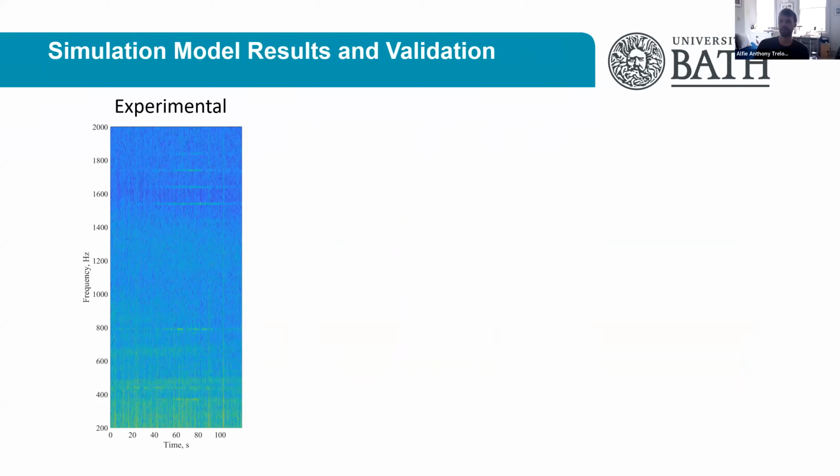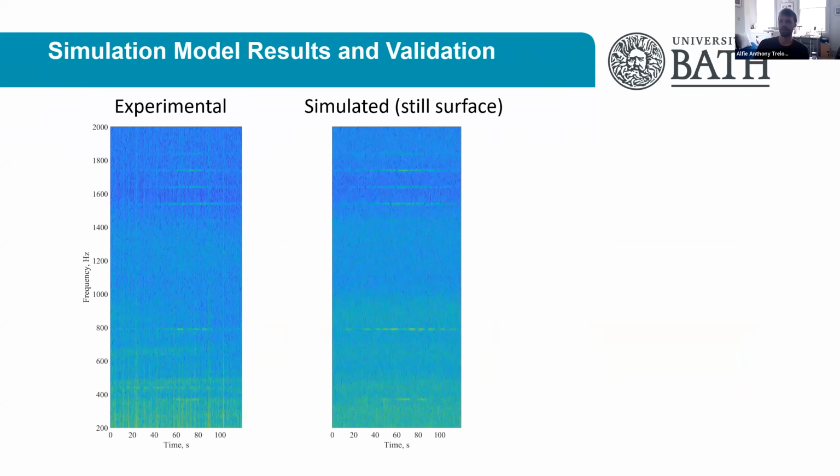And notable from these is the interference patterns on the still surface, which is less present on the wavy surface, with the reality being somewhere in the middle of the two, as you'd expect.